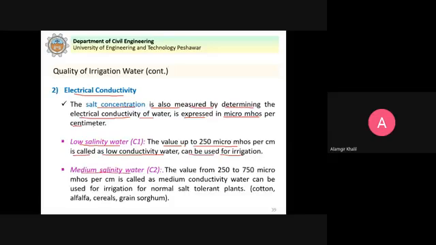Medium salinity water, the value from 250 to 750 micromhos per centimeter, is called medium conductivity water and can be used for irrigation for normal salt tolerant plants such as, for example, cotton, alfalfa, cereal, grain, sorghum, etc.